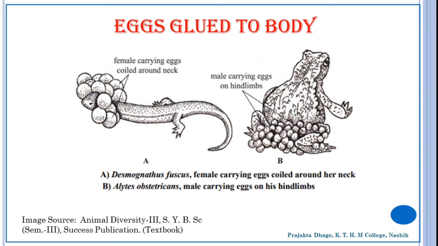Now another example is the European midwife toad Alytes obstetricans. Once the female lays eggs, the male is going to entangle them around his hind limbs. So here you can find that this Alytes male is carrying the eggs on his hind limbs.